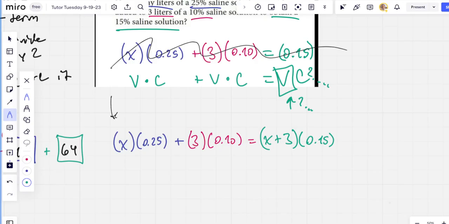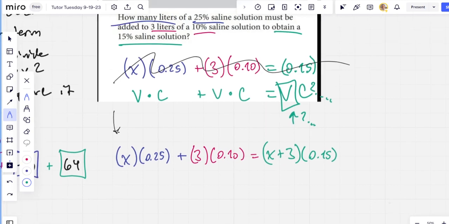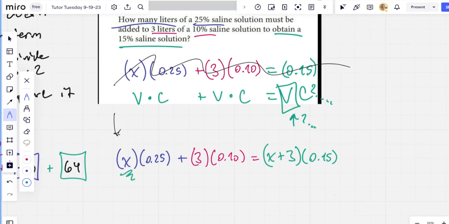It should be x plus 3 because now we're adding both the x liters plus the 3 liters. So the total solution should be 15% concentrated, but it should be x plus 3 liters.